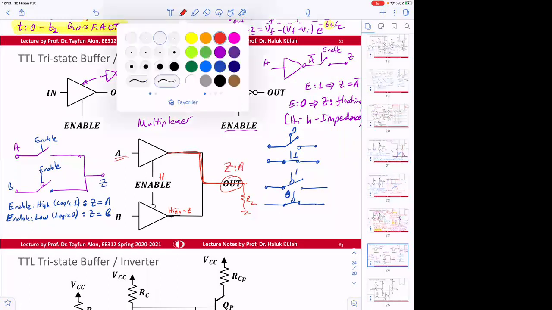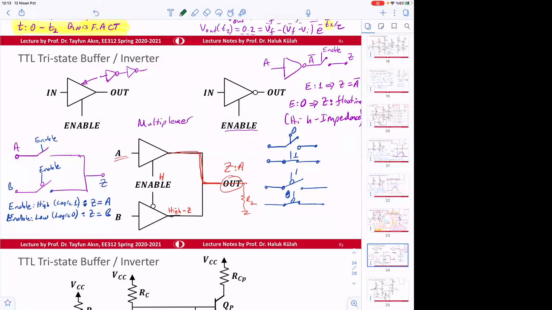For the other case, let's say enable is low, or 0. High means it's 5 volt maybe.